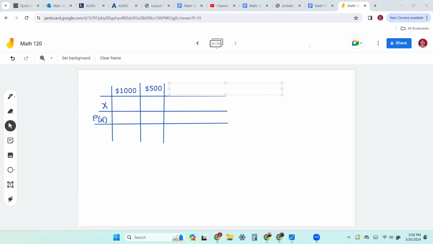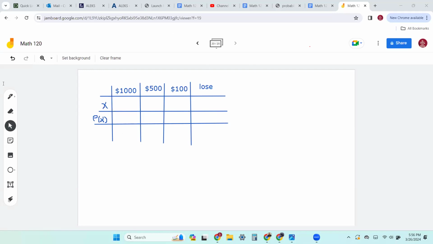That's the only 3 prizes, and then lose. So 3 winners and 1 loser.